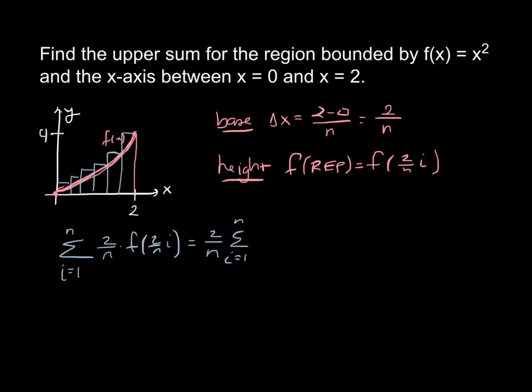F of 2 over n i, we plug that into our function, and it becomes 4 over n squared i squared. So we can take out this 4 over n squared, and outside of sigma, we will now have 8 over n cubed.